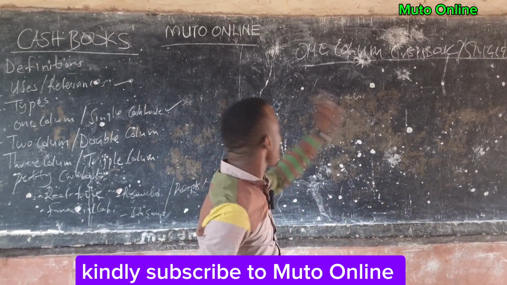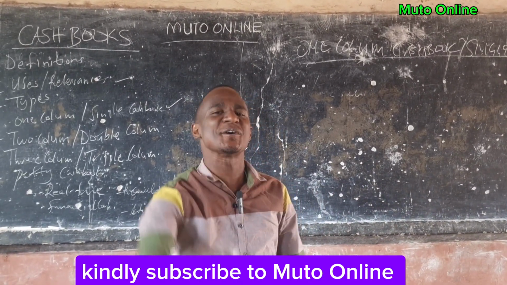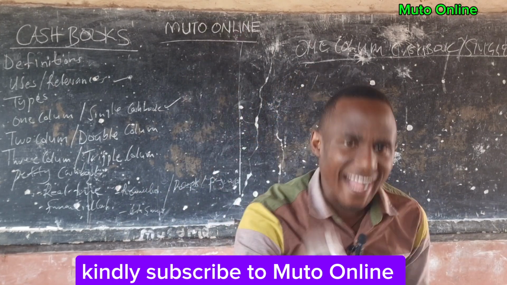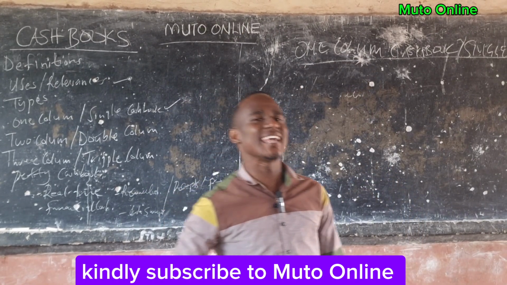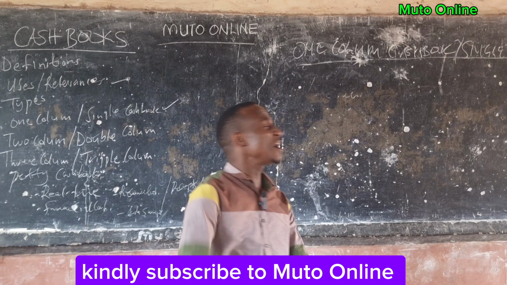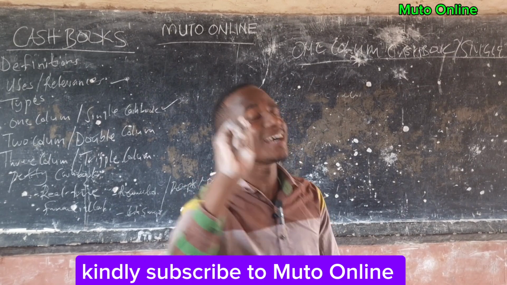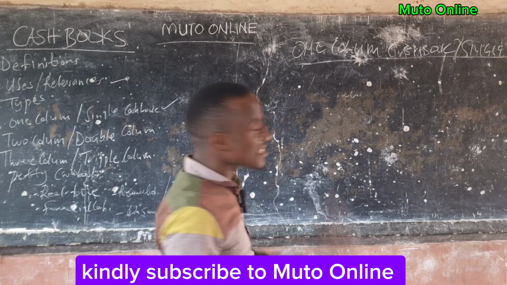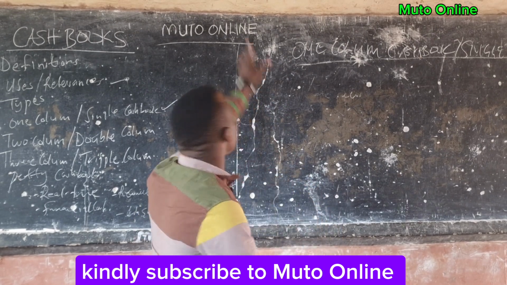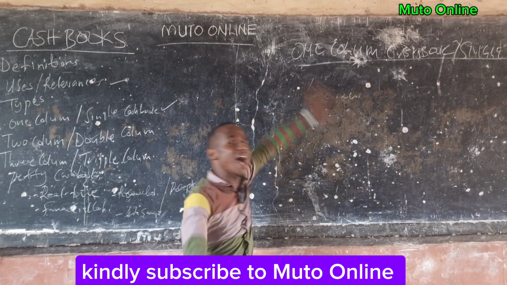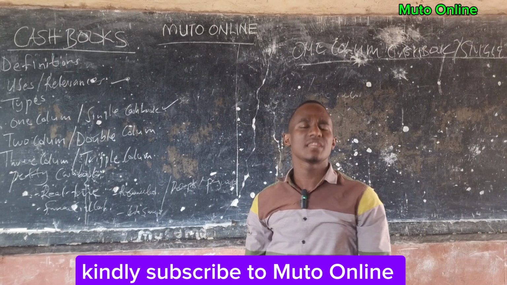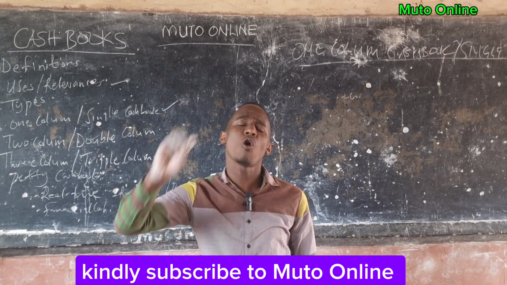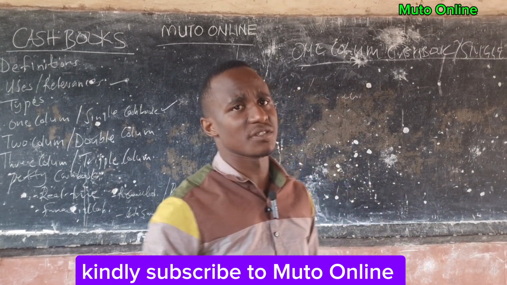Don't forget, it does not record the bank side or the cheque side. That is the distinguishing feature that a one column cash book has over all the cash books, that it records only cash transactions.